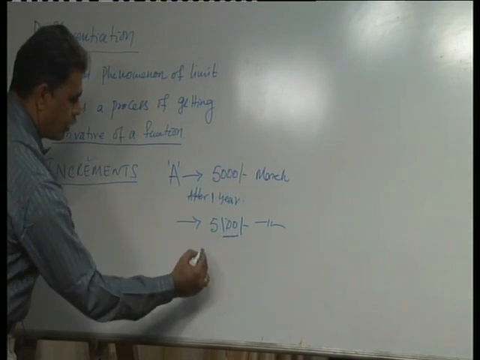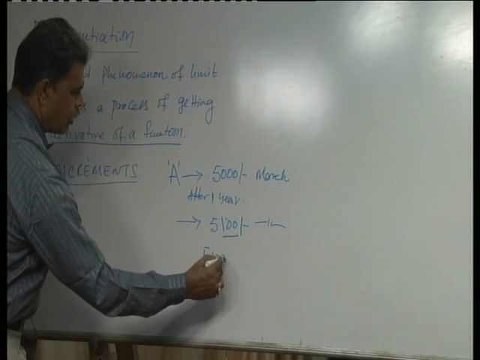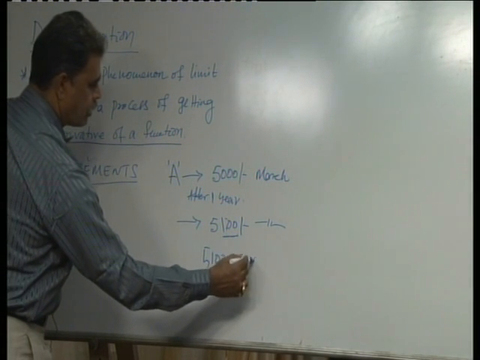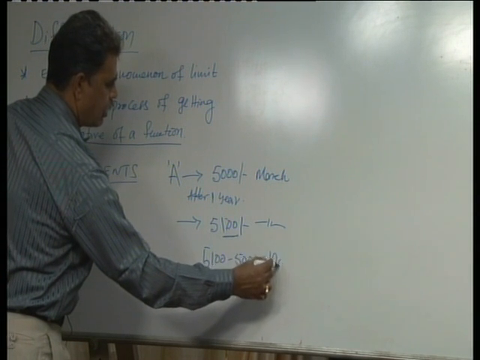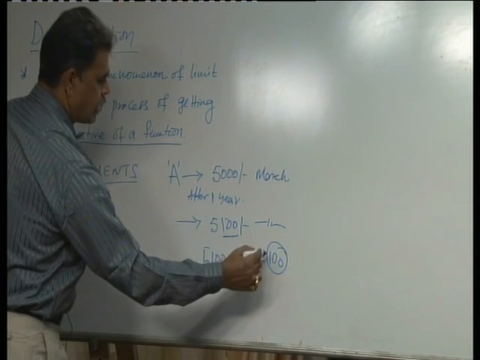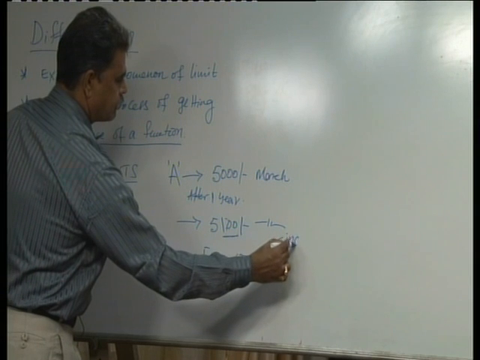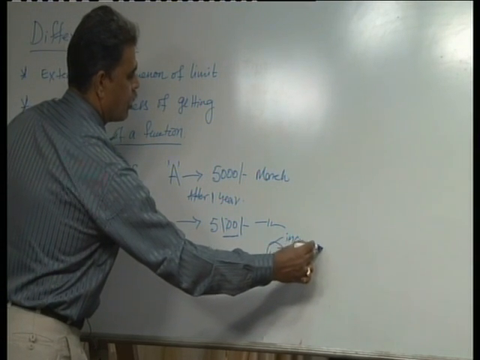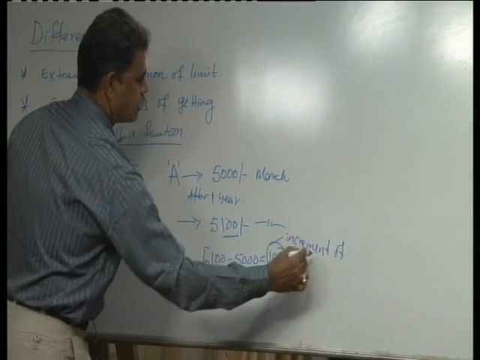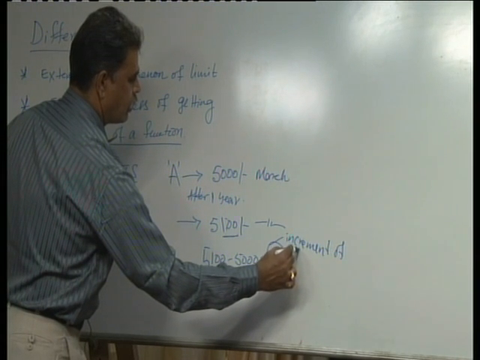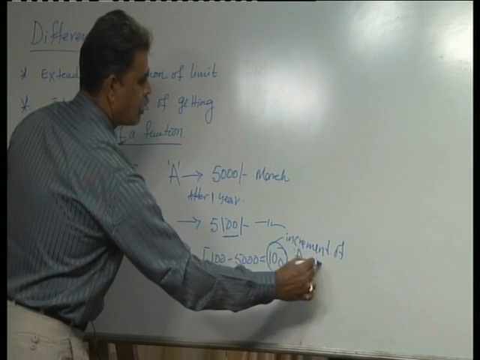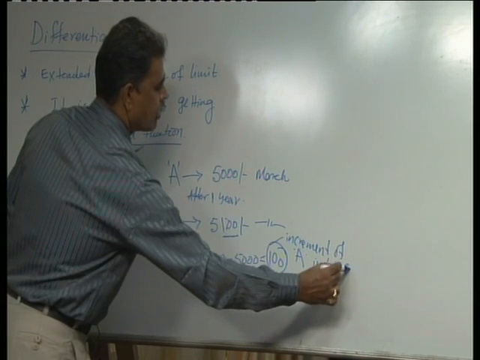This 5,100 minus 5,000 is equal to 100. This will be called as increment of person A in his salary.